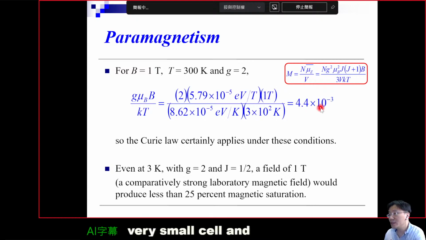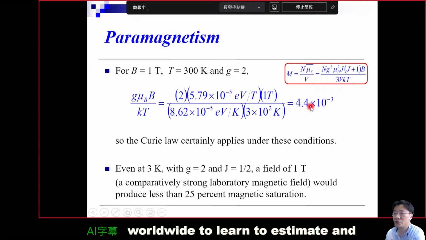In this small value regime, we would apply the Curie law to estimate the magnetic moment and the critical temperature.